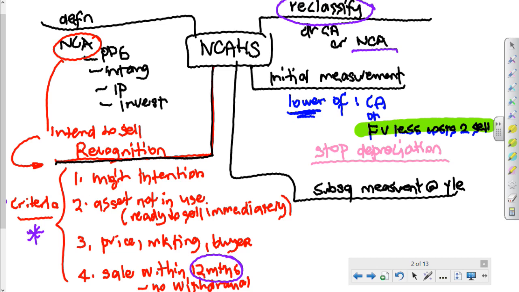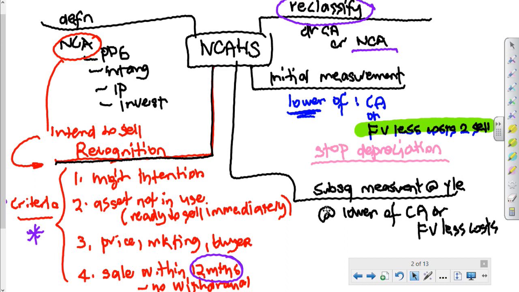So depreciate, transfer, remeasure. Then at year end, if the asset is still there, I haven't sold it yet, I check this measurement again, again at the lower of carrying amount or fair value less costs to sell.